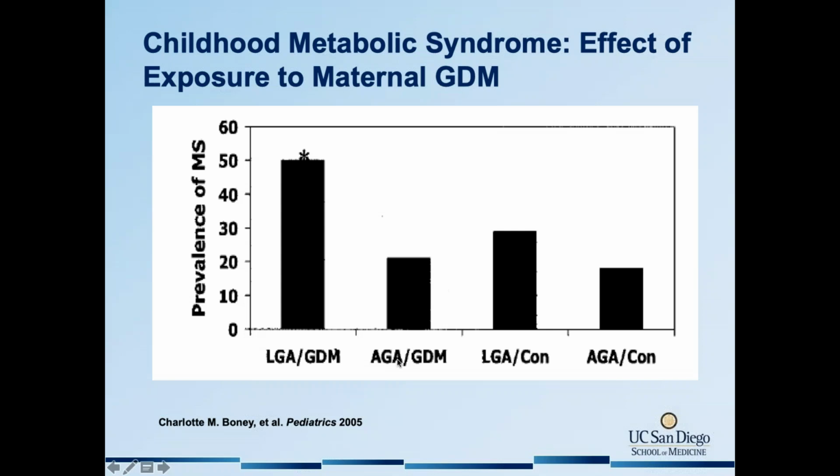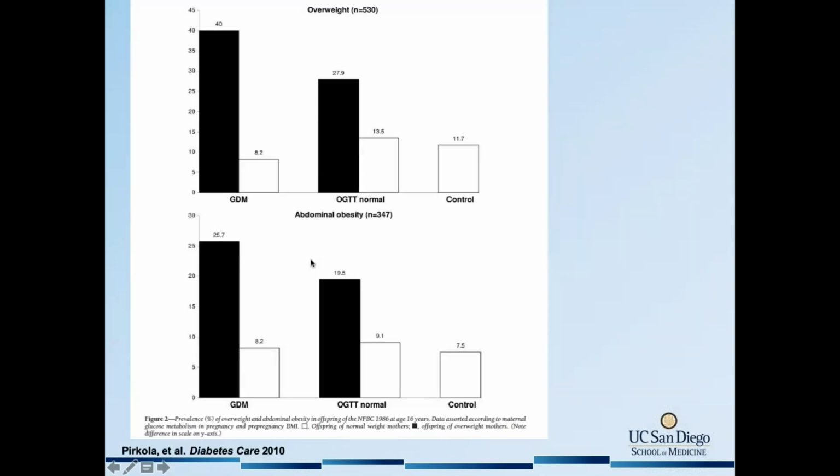However, if you were born appropriately grown and exposed to GDM, your baseline risk of developing metabolic syndrome is the same as being born to a control mother or a mother who didn't have gestational diabetes. So I think modifying fetal growth in utero can help us prevent some of the complications.